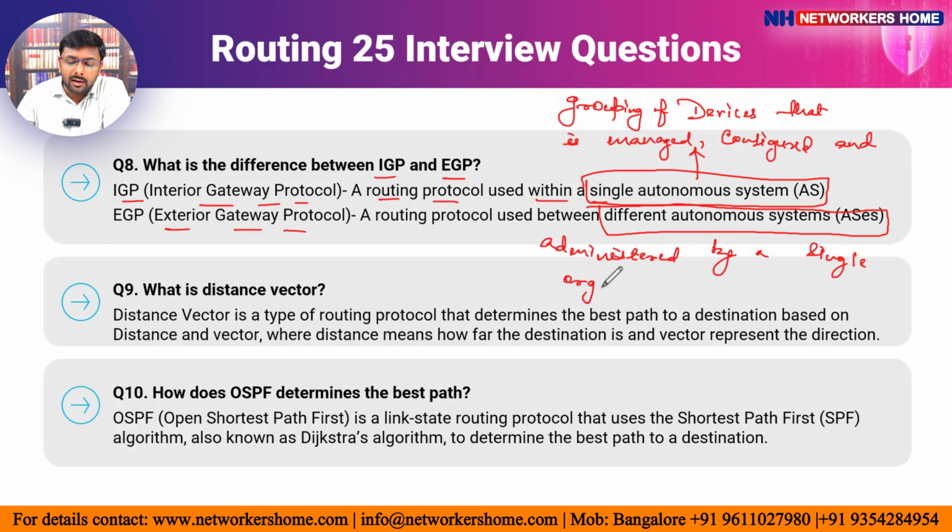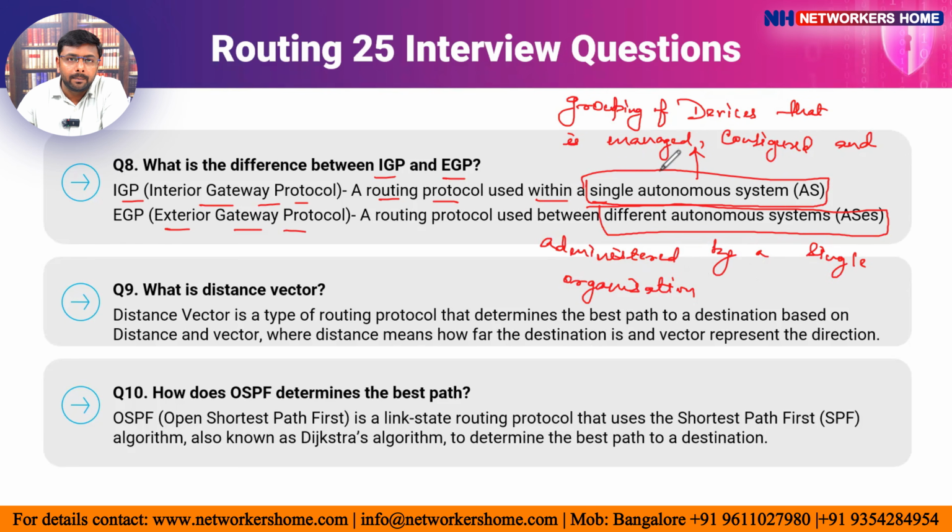That is called an autonomous system, and each autonomous system is going to have an AS number. So we can say that a grouping where multiple devices are managed, configured, and administered by a single organization can be called an autonomous system.